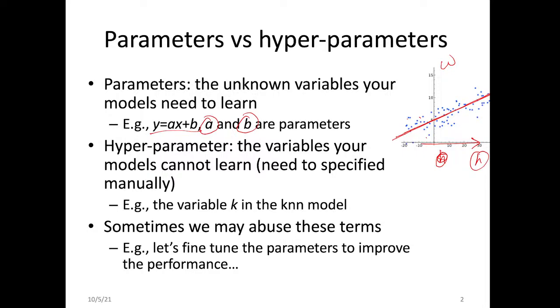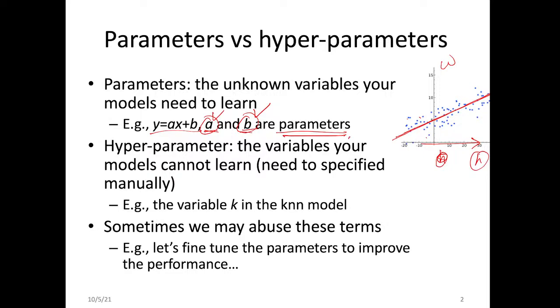In this case, computers will try to identify the proper a and b. We will talk more about this a couple of weeks later, but for now, at least we know that a and b are decided by the computer, and that's what we call learning. Since a and b are decided by the computer, they are the parameters.